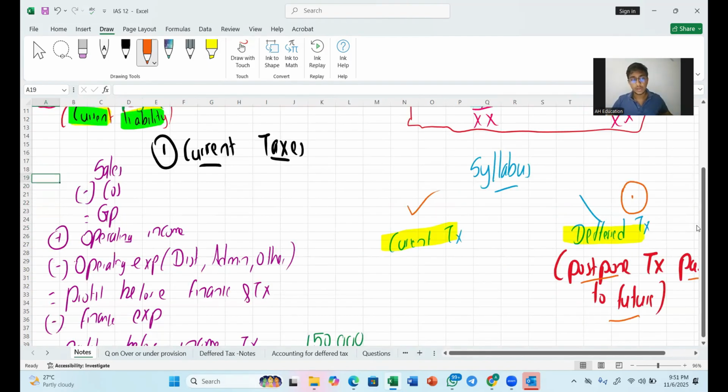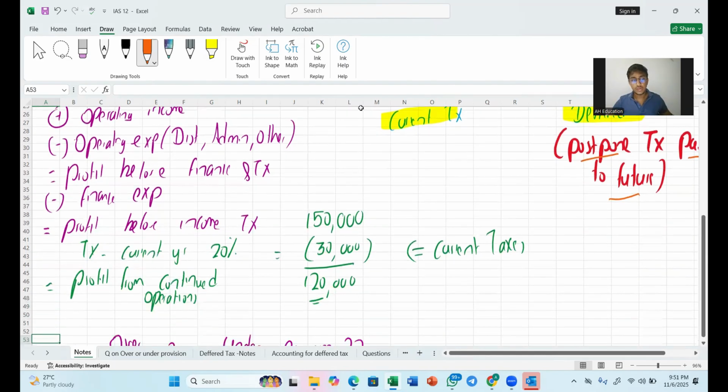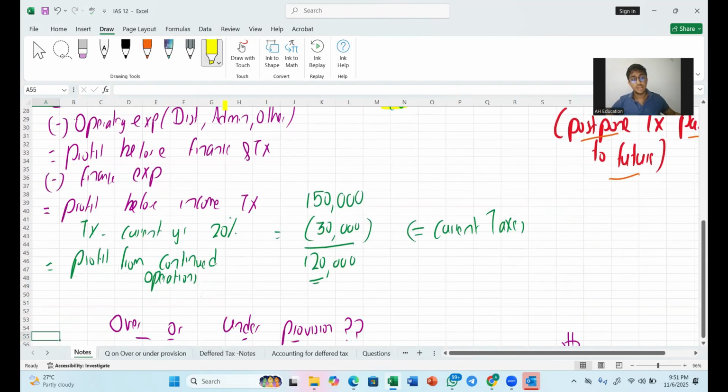Now, in terms of current taxes, what we used to do is, we'll have profit before income tax, right? Say for example, it was 150,000 for the current financial year, and the government will give us the income tax rate.